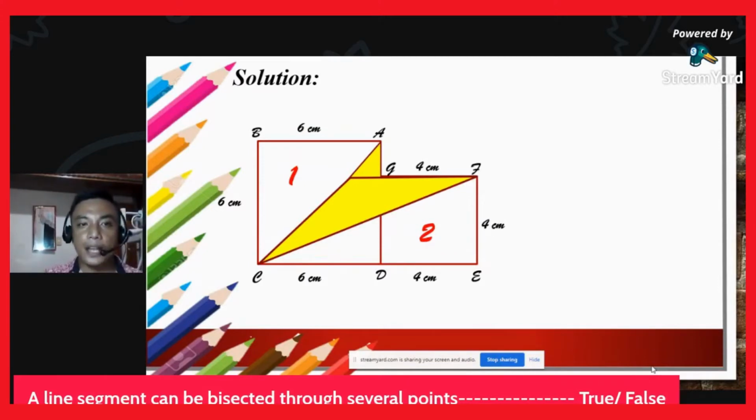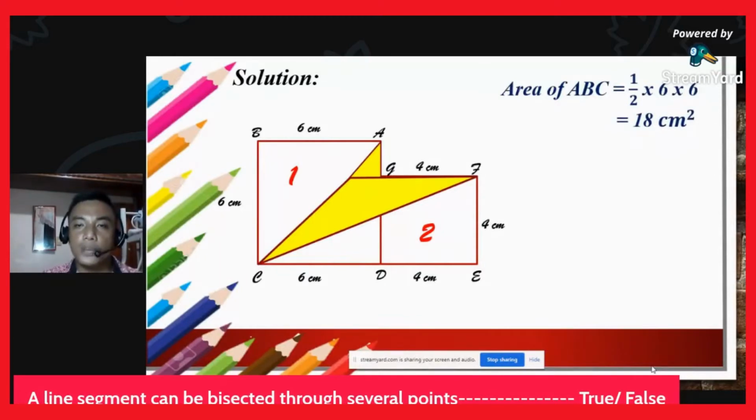The height and the base are both equal to 6. Therefore, the area of triangle ABC is equal to 1/2 times 6 times 6, which gives us 18 square centimeters. So that is the area of triangle ABC.